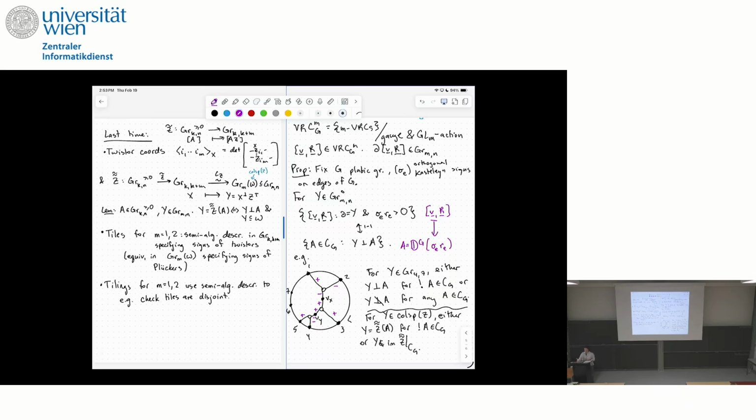This is what I sort of skipped drawing, but the coefficient on this edge, for example, is 2345, and the coefficient on this edge is 1345. And now I can see that the product of the sign and the coefficient has to be positive in order for this story to work. So we see that to be in the tile, 1345 has to be negative. It forces certain quantities to have certain signs, and this is going to give us a semi-algebraic description of the tile in the end. Okay.